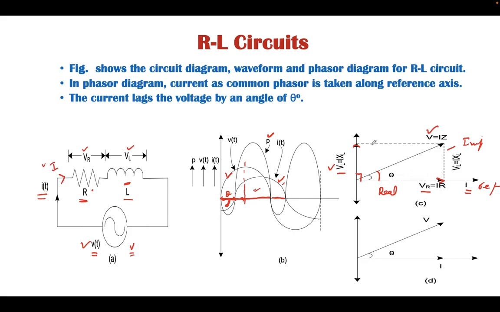Now considering the resultant, this is the phasor for current and this is the phasor for voltage. There is a phase lead or lag between them, because current lags the voltage. We can say voltage leads the current by an angle of theta, or current lags the voltage by an angle of theta.